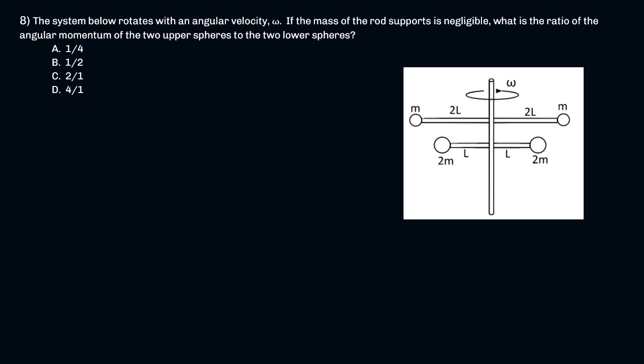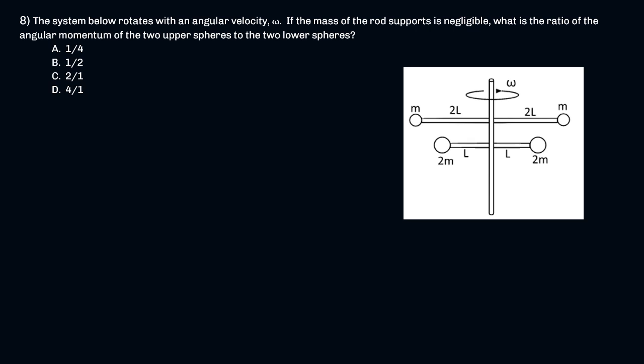Even though we're given spheres, they are rotating at the end of arms or rod supports. That really means that they are going to be treated as point particles and not given their regular moment of inertia, because the spheres are not rotating themselves, they're just on the rods, and that whole system is rotating as one thing.